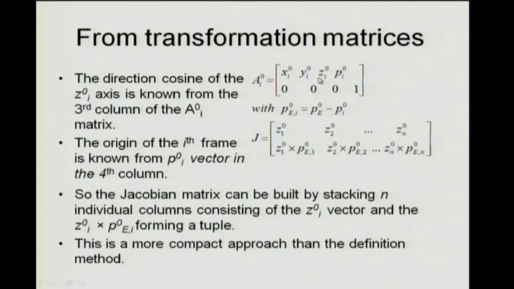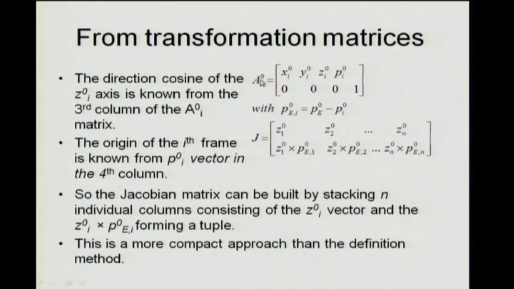The screw consists of two parts. One is the direction of the rotation of the angular velocity, which is given by each axis. The z coordinate that we have is the direction of either rotation or translation. We can easily calculate that because we know each of these matrices.